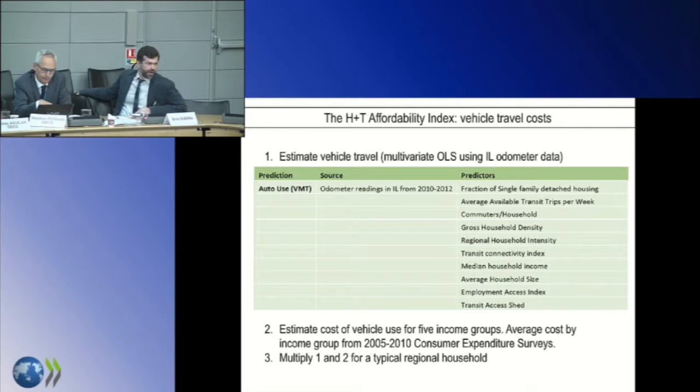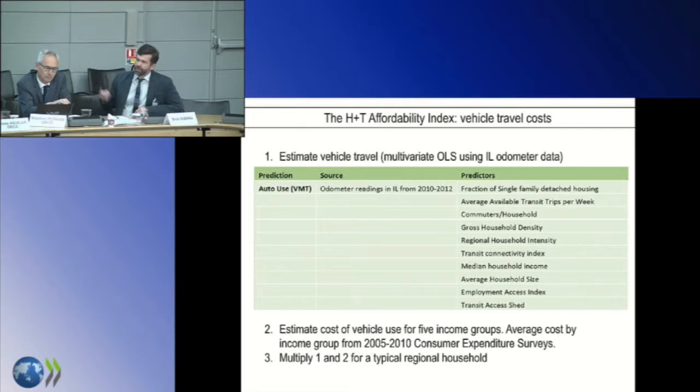It's based on odometer readings from Illinois, and similar predictor variables, also using multivariate or ordinary least squares regression, and using the consumer expenditure survey to estimate how much it costs to operate a vehicle, multiplying the two together based on a typical regional household.